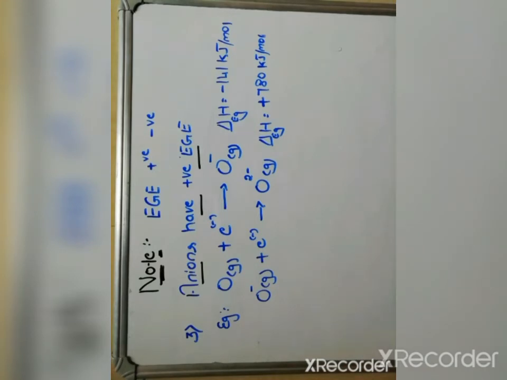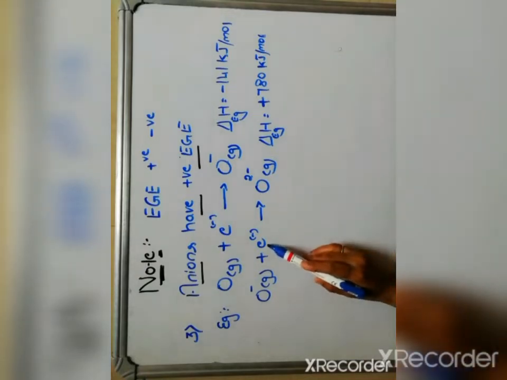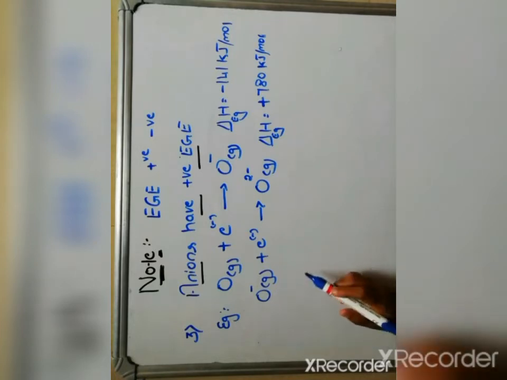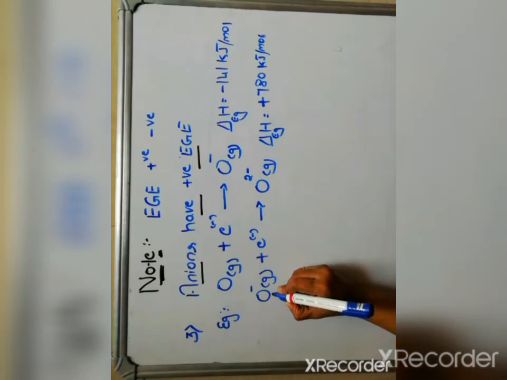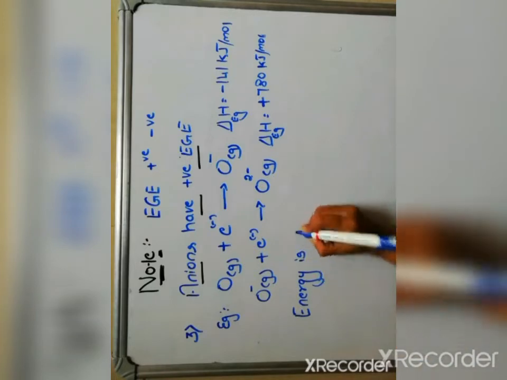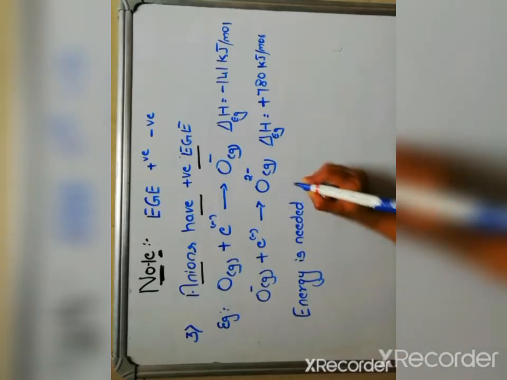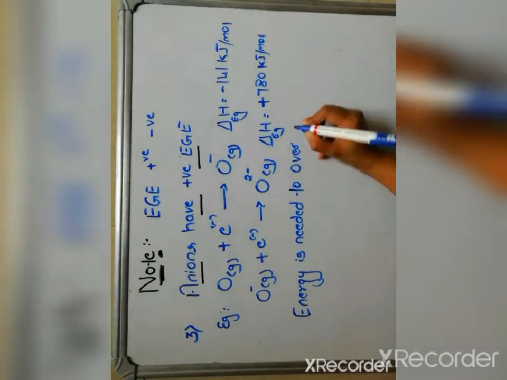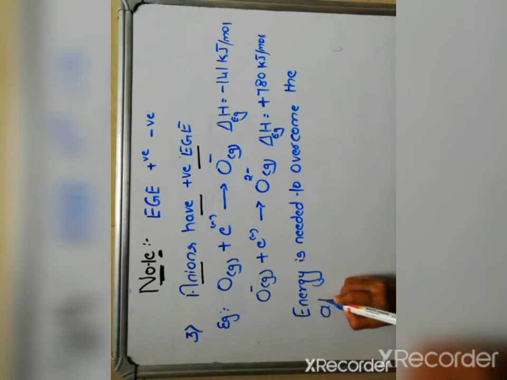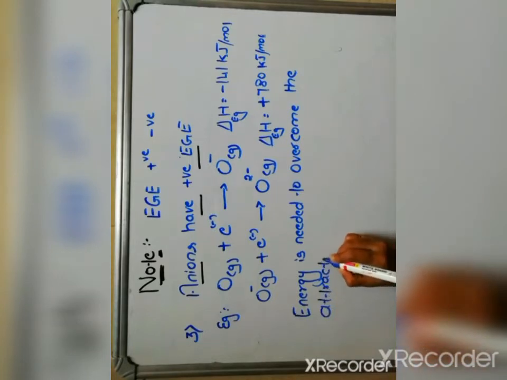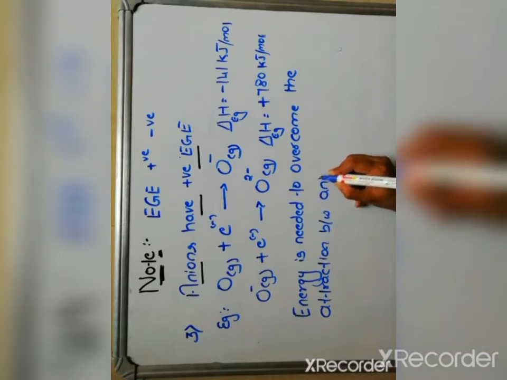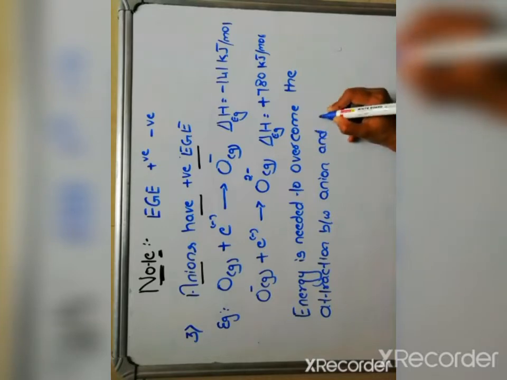Why is it positive in the second case? This is because when an electron is added to an anion, energy is needed to overcome the attraction between anion and electron.